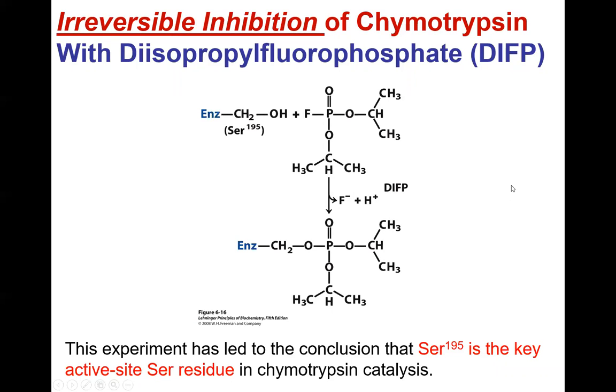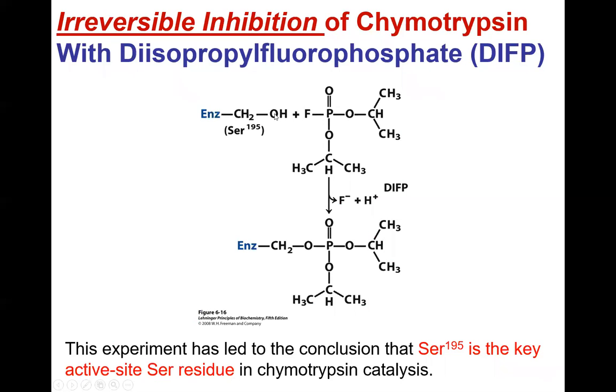that a scientist developed this analog, diisopropyl fluorophosphate. You can see here, one of the oxygens has been replaced with fluorine. And when this compound was thrown at chymotrypsin, it turns out that the enzyme lost its activity forever. Why?